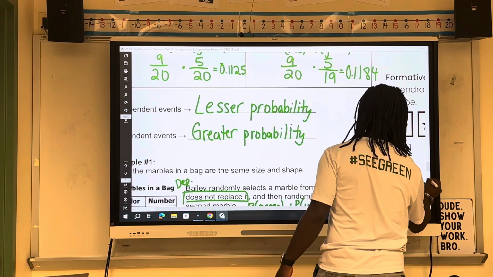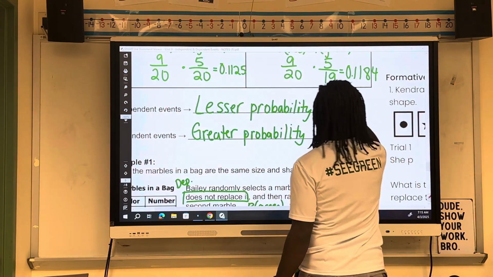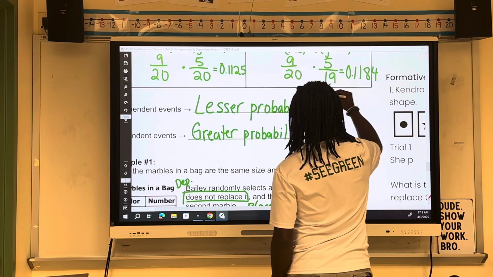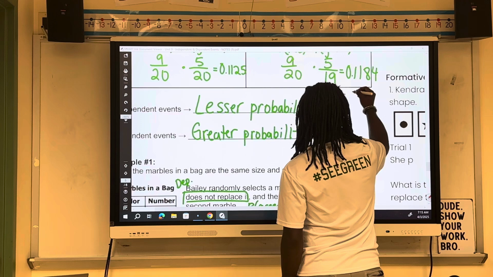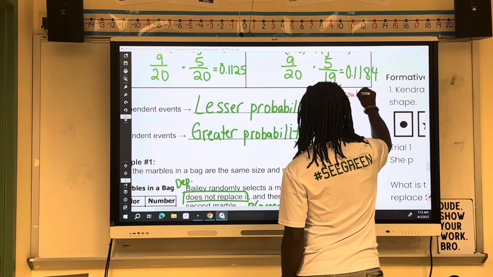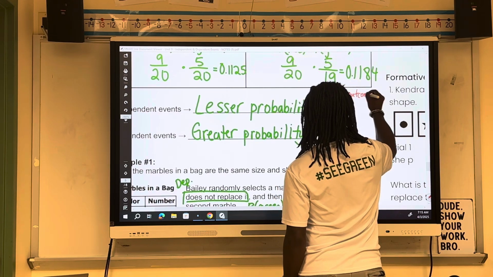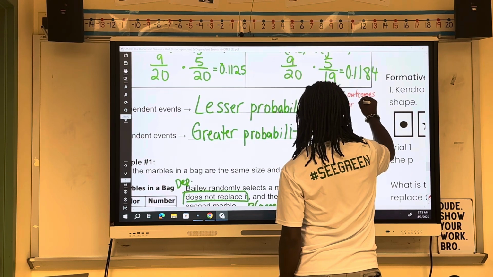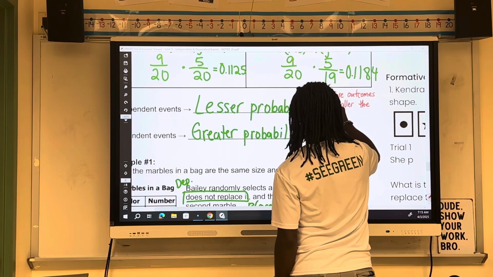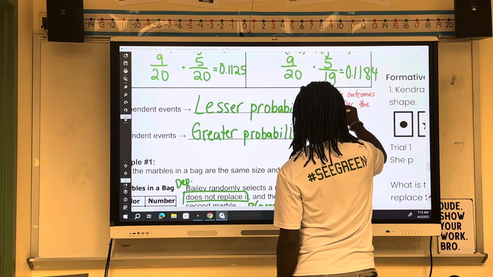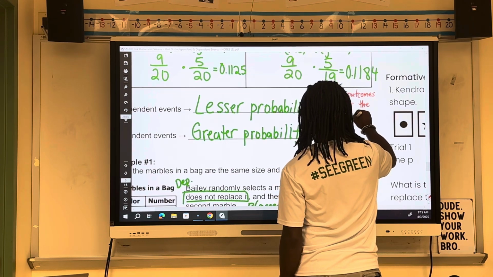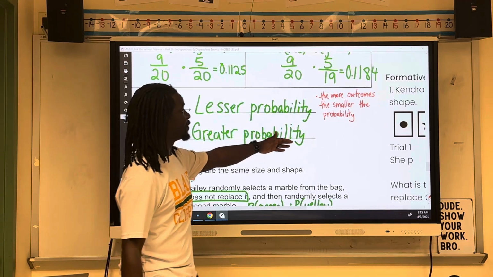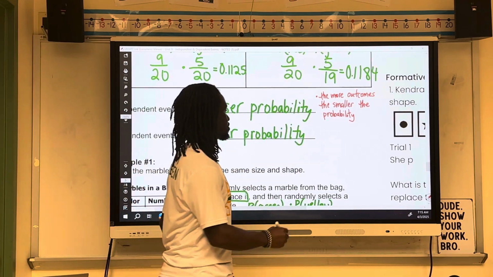Let's write that in a different color. The more outcomes, the smaller the probability. Okay, and then it's a vice versa for, okay, when you have fewer outcomes, the greater the chance.